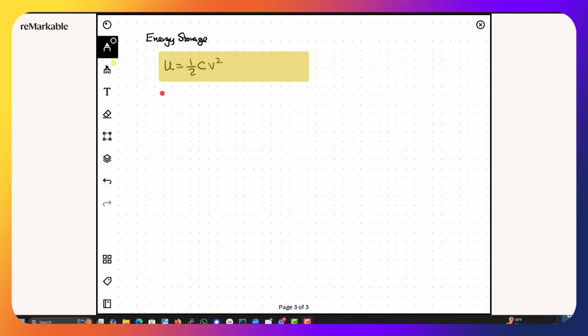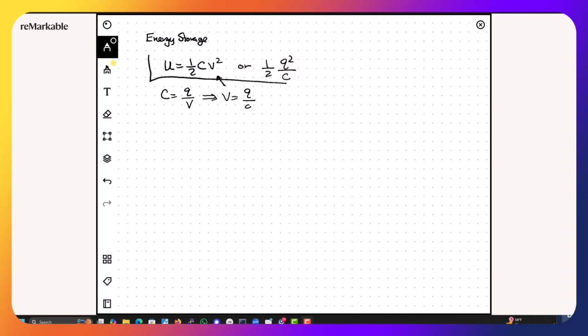And since we know that C is Q over V, or V is Q over C, we could write this as 1/2 Q squared over C. And that's just a simple substitution for V, right? Just put that in and you get that. So there's no new physics here, right? These are the same expression, just written differently. So that's the energy storage in a capacitor.